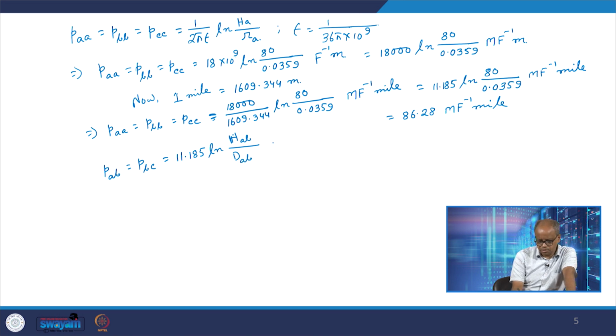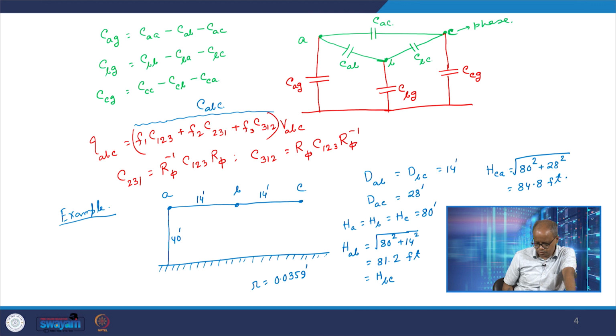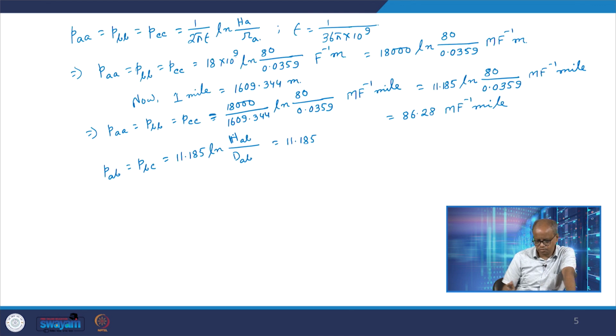Now HAB is say 11.185, HAB we have computed 81.2, so log 81.2, and DAB is 14, so that turns out to be 19.66 per mile.